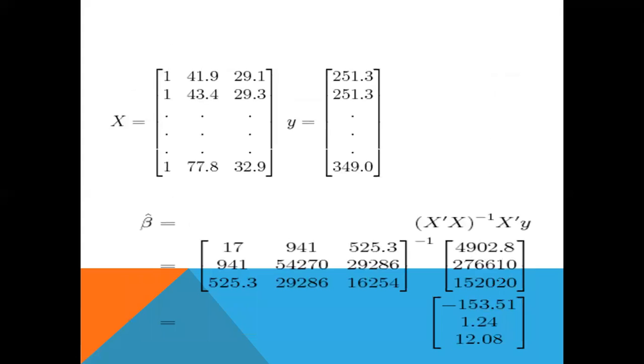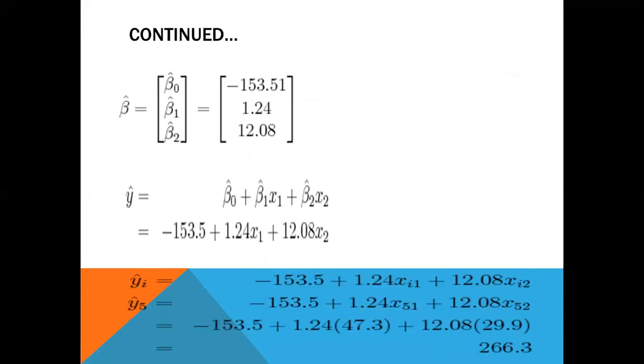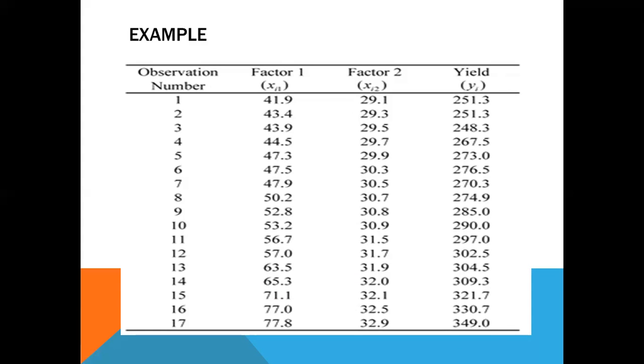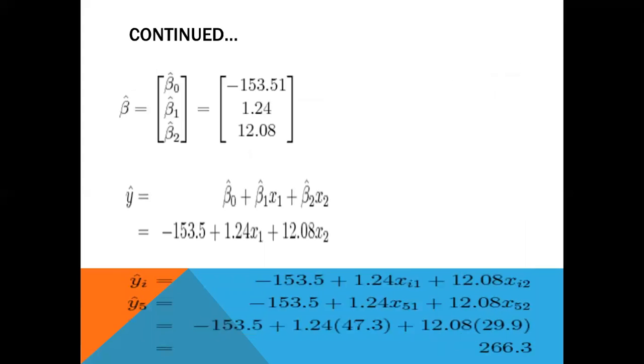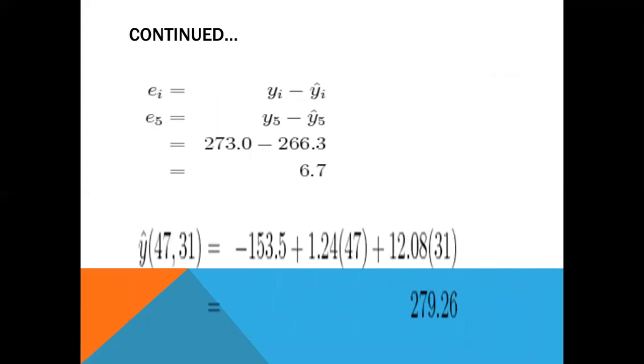We will solve many other examples. So if the input values are 3, then you will have B0, B1, B2 and B3. Okay. So just have a look at this.